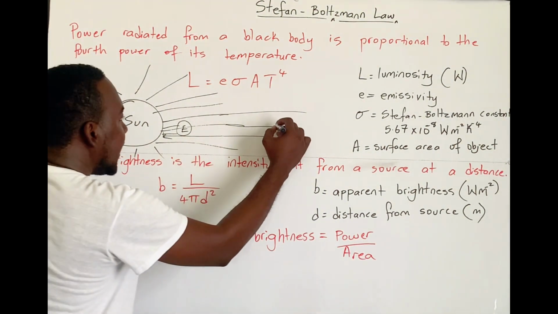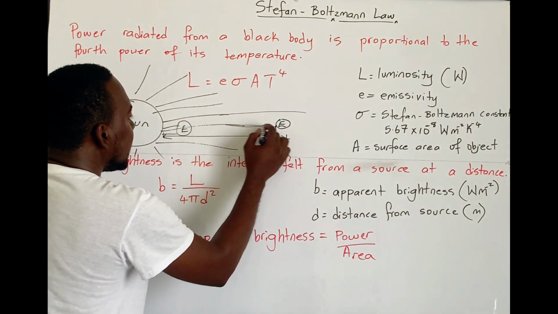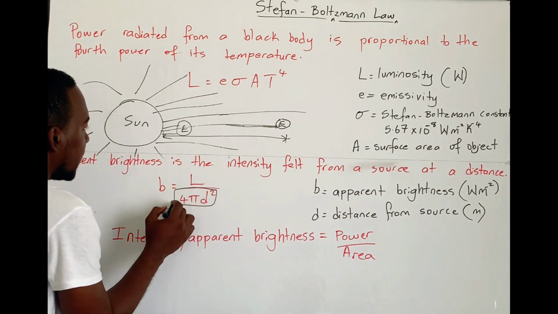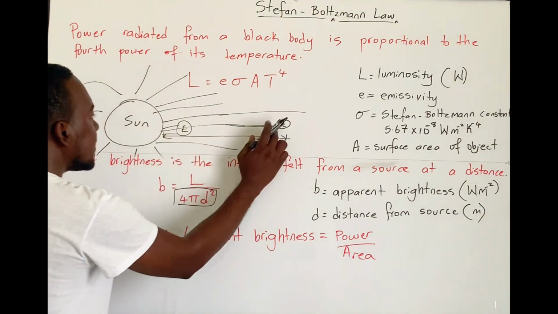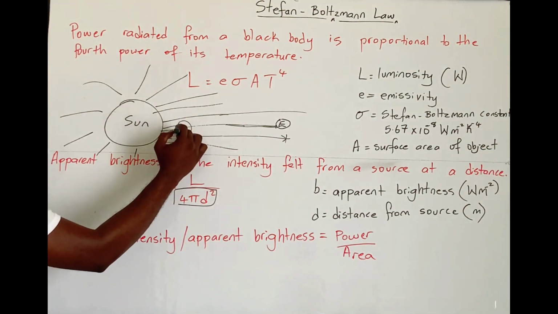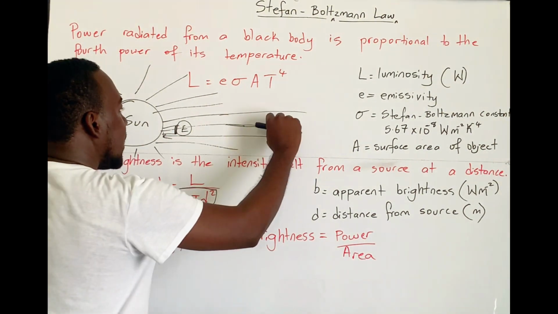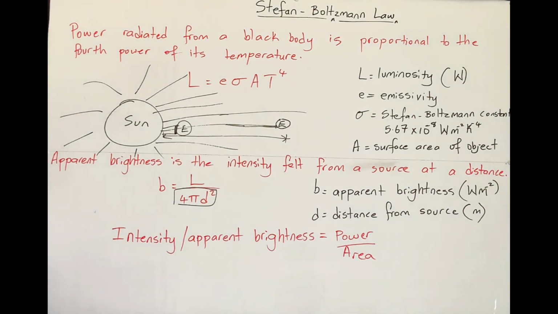So therefore the area of this radiation is what we have here, and it's dependent on the distance. Because if it's here, the area now becomes this area, a bigger area, because of a shorter distance. With a bigger distance, the area that it hits will now be smaller. So therefore, we say it's an apparent brightness.